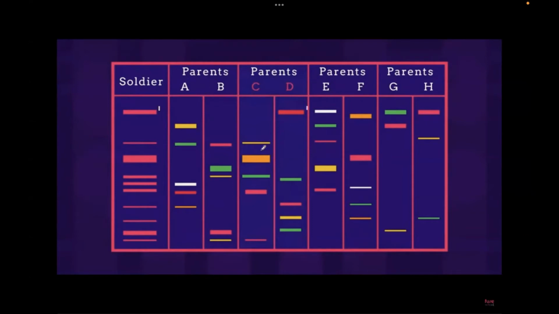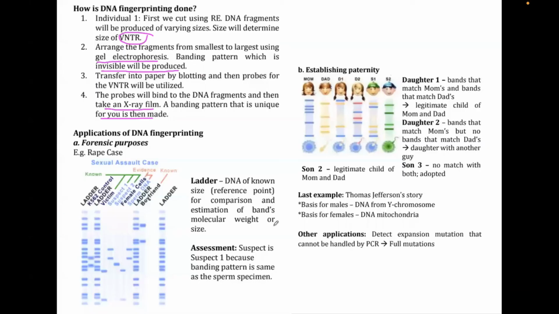So, paki-pattern, tingnan kung kanino yung best match or best fitted doon sa soldier depending sa bands niya. Okay, tama po. Ang sagot ay parent C and your parent D. Okay, so itong band na to coming from the D, let's say father. Ito naman, itong pattern niya na to. Itong pattern na to kamatch nitong nasa soldier. And so on. Ganun po siya. That's how your DNA fingerprinting works.